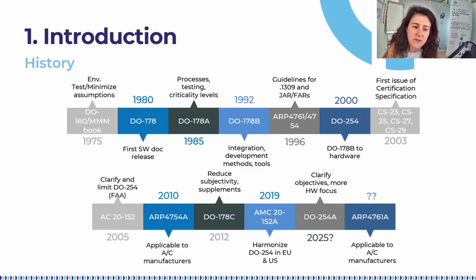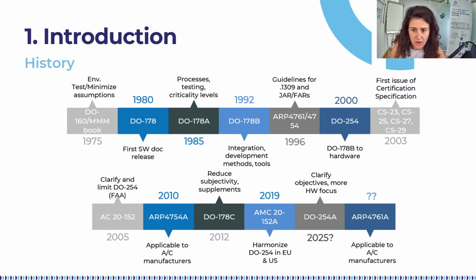We will start with a little bit of history. Everything started in 1975 when the DO-160 appeared and defined environmental tests. After that, the DO-178 appeared to test and validate the requirements for software, and different amendments of the DO were made over time. In 1996, the ARP4761 and ARP4754 appeared.